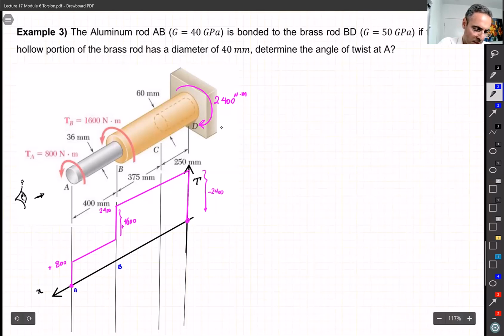A, B, C, and D. All right. So it means now that from this graph, I know that TAB is plus 800.